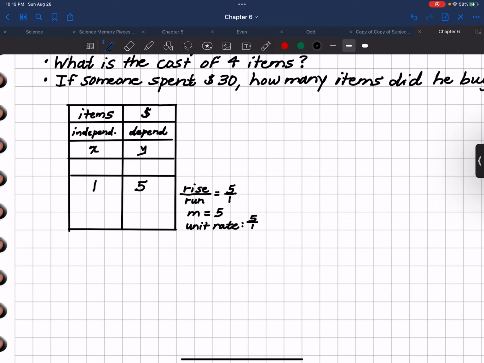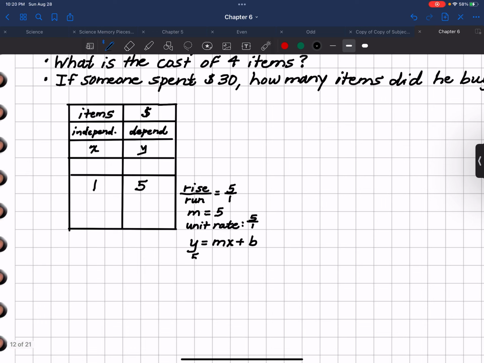Now, if you know the unit rate, you can set up an equation. You can find any number of items that you want to find. So let's go ahead and do that. Let's set up our equation of y equals mx plus b. Remember that formula, slope-intercept. So y is 5.